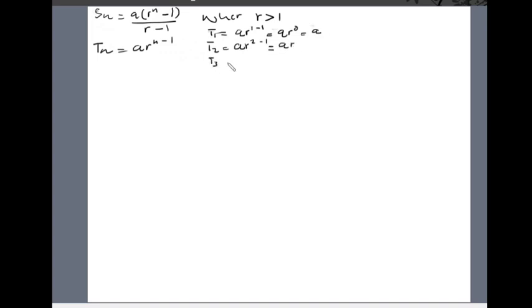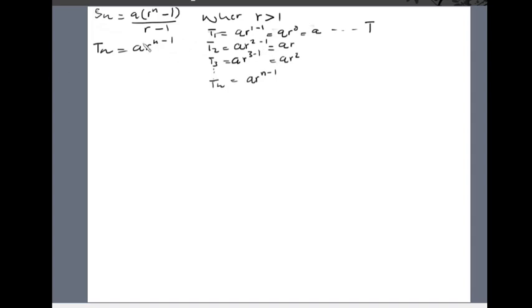Term number 3: I substitute 3 in the general term formula, I'll have ar to the power 3 minus 1, which is ar squared, right? And so on, up to term number n, which is ar to the power n minus 1, right, all the way to Tn.